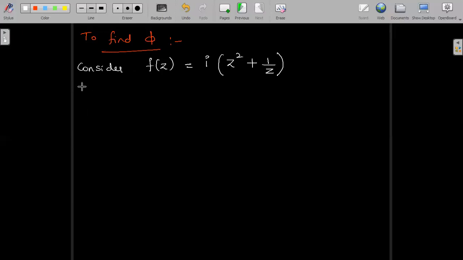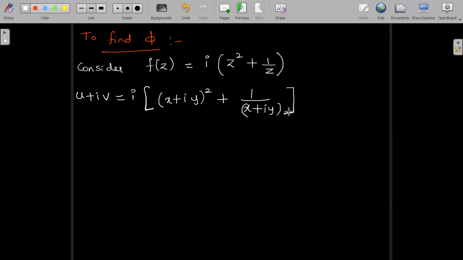So this will become u plus iv is equal to I into z square, which is x plus iy the whole square plus 1 divided by x plus iy. Throughout the Cartesian representation, we are writing it down.